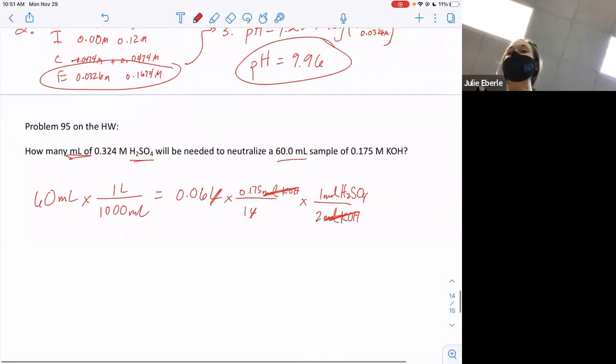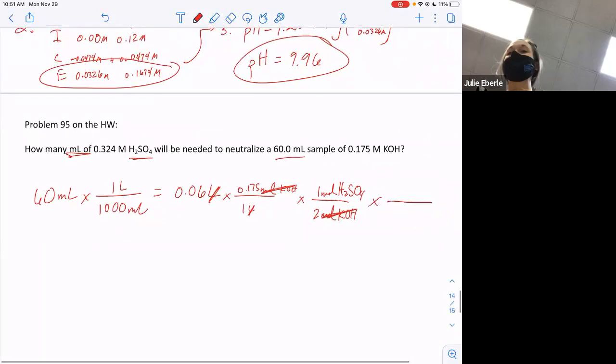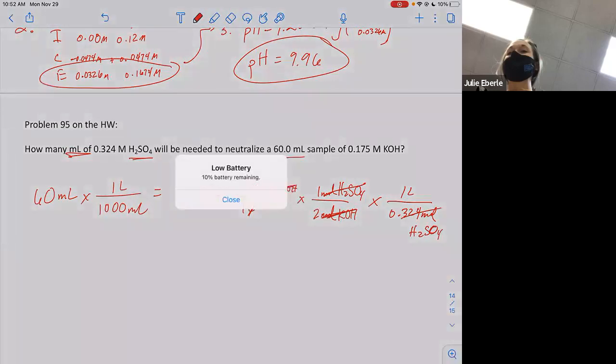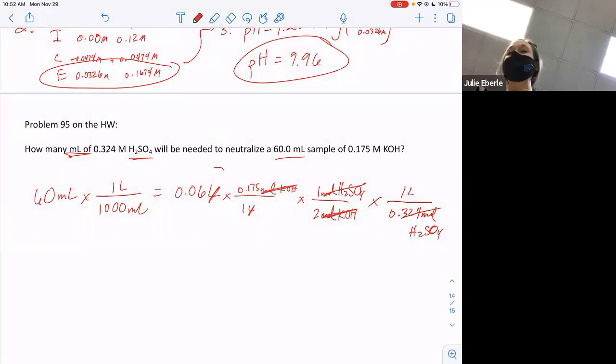So my last step, I'm going to plug in that molarity, and I want moles to cancel, so I'll put the 0.324 moles part on bottom. That's per 1 liter. Moles of H2SO4 cancel.